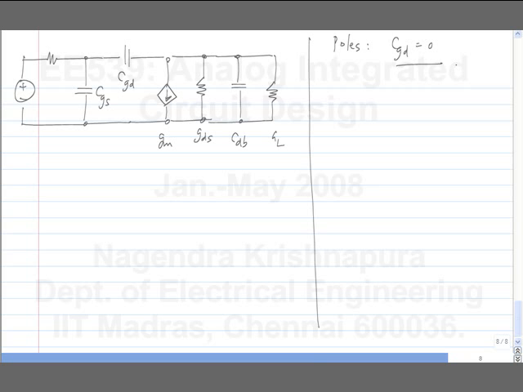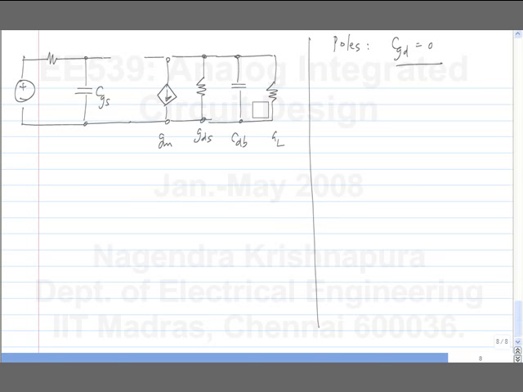What are the poles? What are the pole values? In this case, we have two separate first order systems, right?